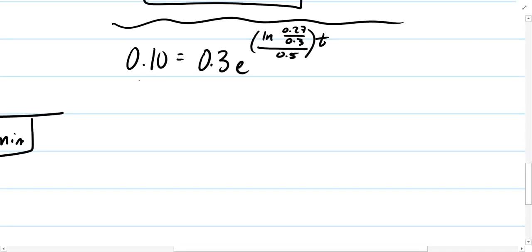We'll again divide by 0.3, so we've got 0.1 divided by 0.3 equals this expression, e to the natural log of 0.27 divided by 0.3.